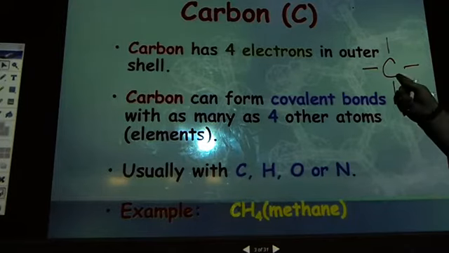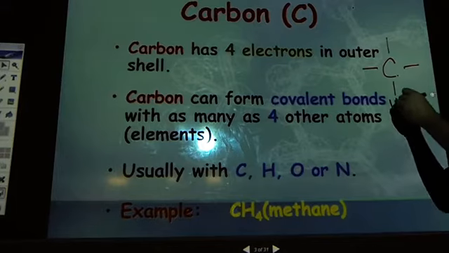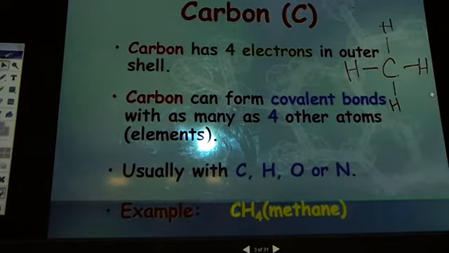Now the example they give is methane gas. CH4. Well, here's my C. How many H's do I need? 4. So here's what it looks like. That's methane. Where do you find a lot of methane? Farts. Not joking. Yeah, it's fart gas, poo gas.